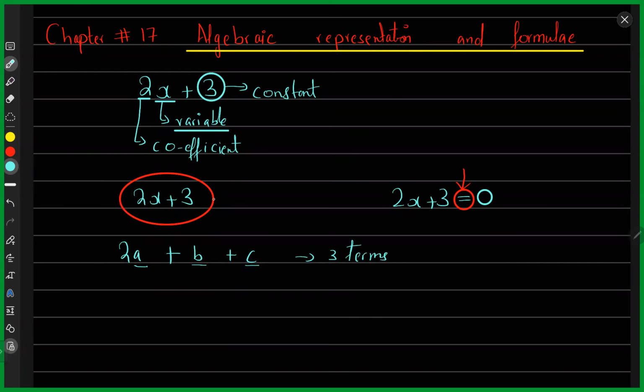If I talk about this one, how many terms do I have? One, two. This has two terms. So every term is basically separated by an addition or subtraction sign. And this is how we count the number of terms. All right. Okay.